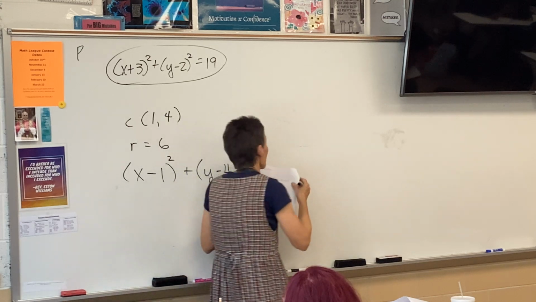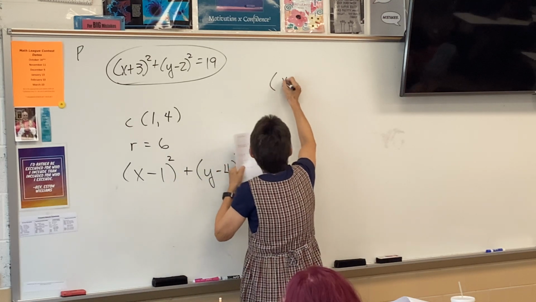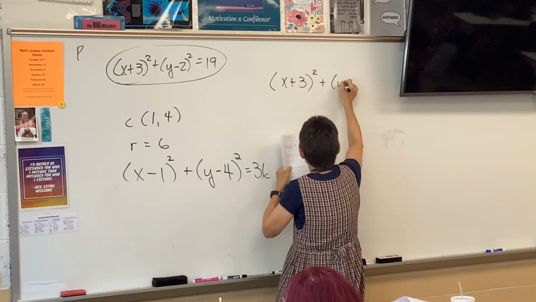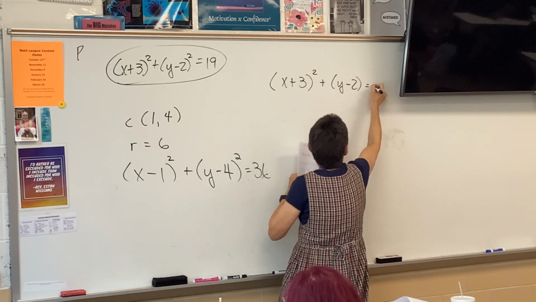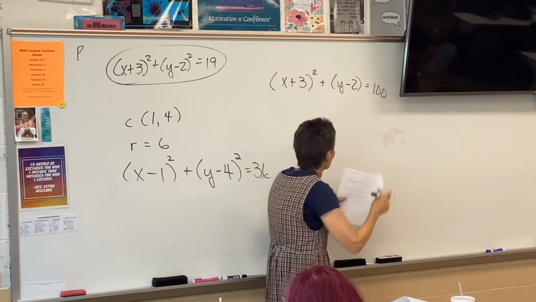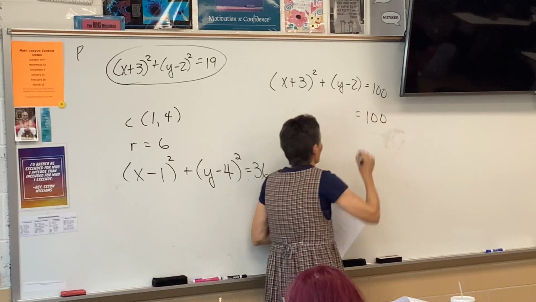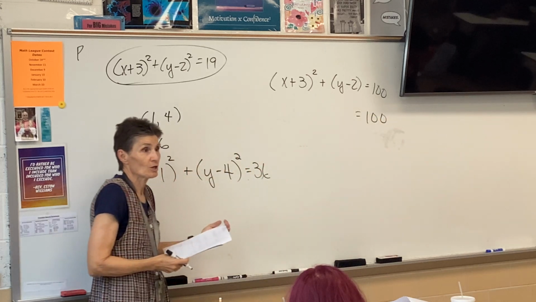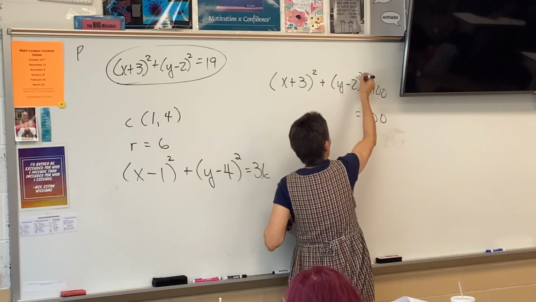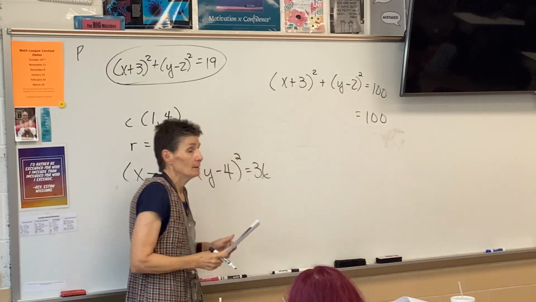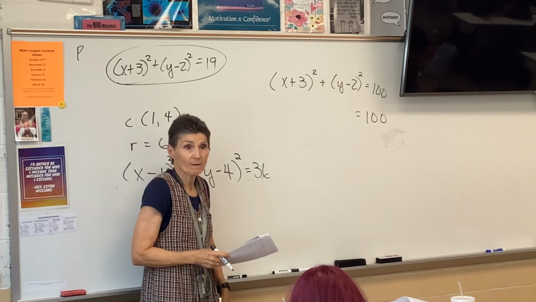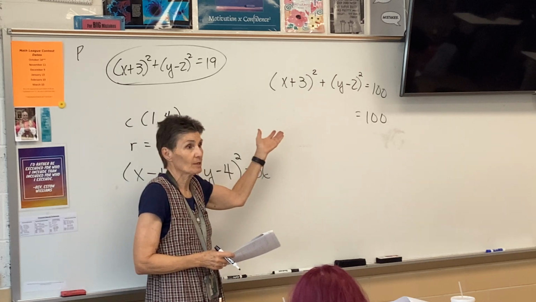Christian? X plus 3, squared plus y minus 2 equals 100. But what do we think about his equation? You need a square on both parentheses, yep. We need a square on both of them, but that is absolutely correct.